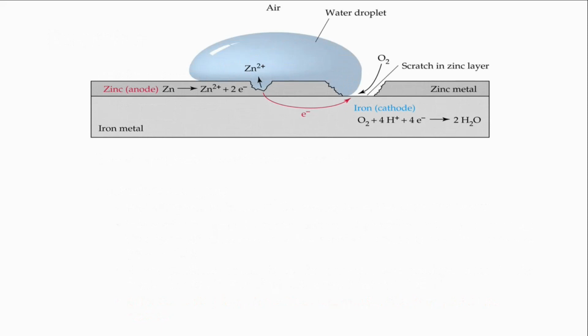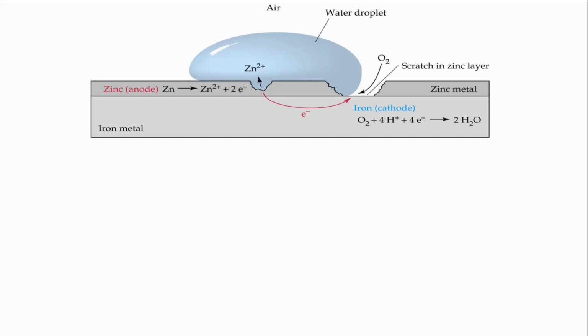Think about it. A very nice example is zinc metal protecting iron metal. Zinc would undergo oxidation preferentially if you are comparing zinc to iron metal, because iron is about minus 0.44 volts, whereas zinc is minus 0.76 volts in terms of their reduction potentials.